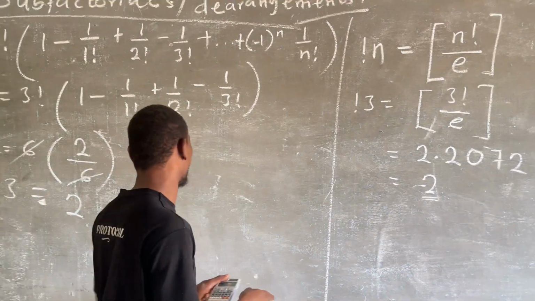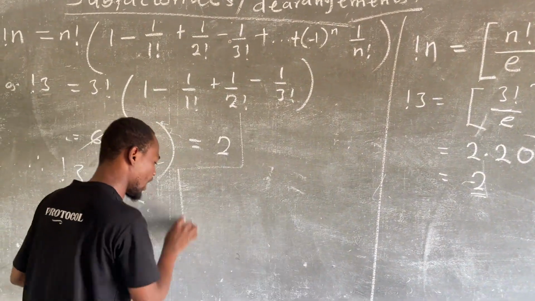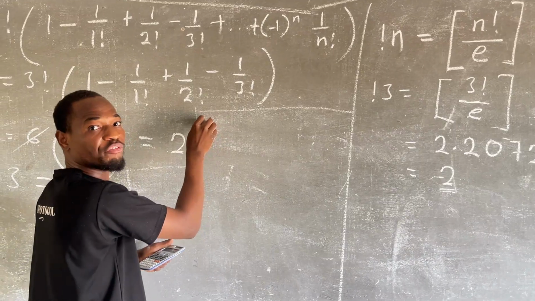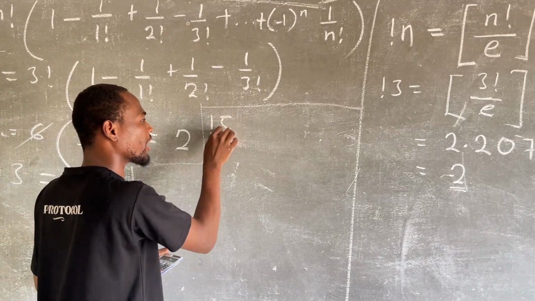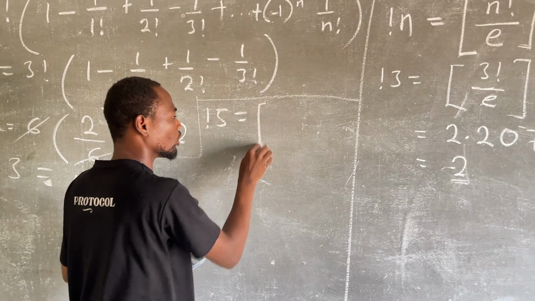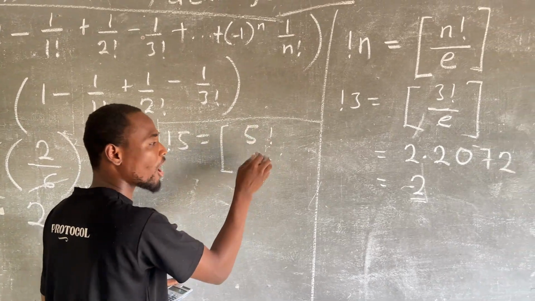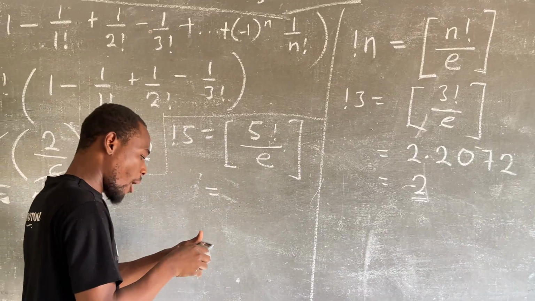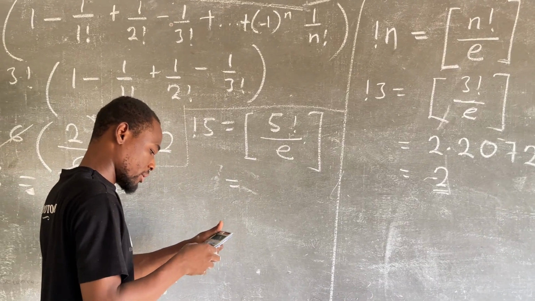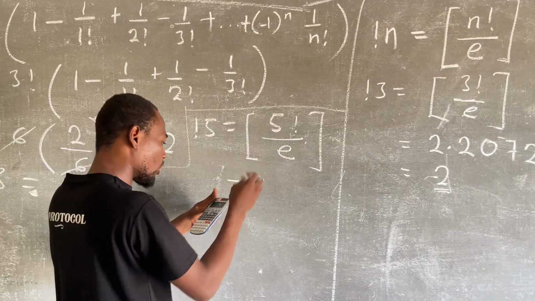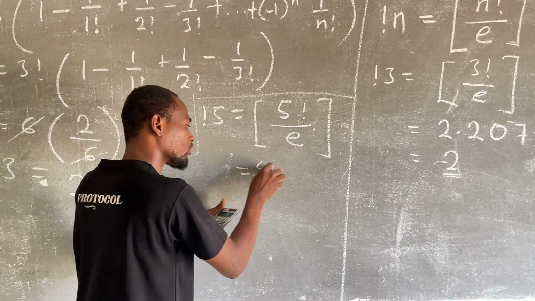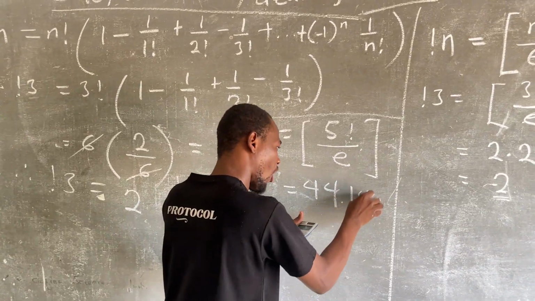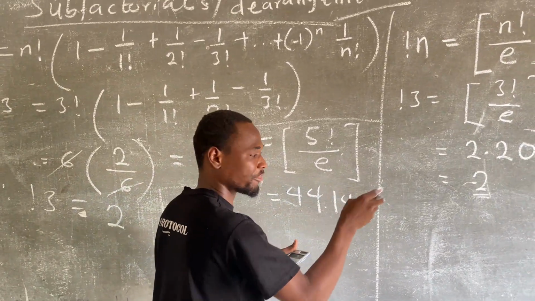Now let's consider subfactorial of 5. Subfactorial of 5 is equal to 5 factorial all over e. With the help of my calculator, if I evaluate this, I'm getting 44.1455.